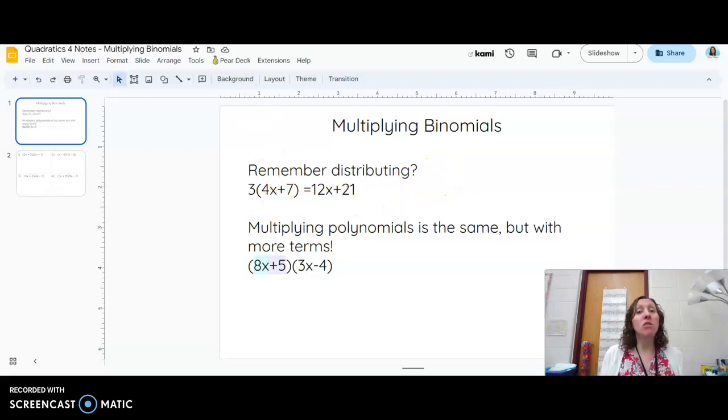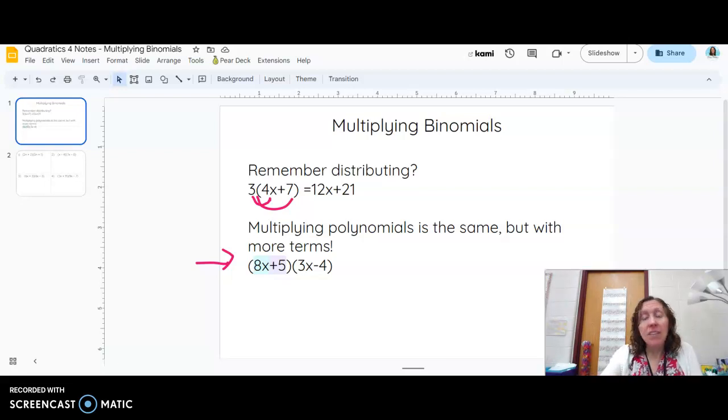So, do you remember distributing, where you take the number outside the parentheses and you multiply it by both numbers on the inside? It's basically that, except we have two numbers at the beginning. All right, so down here we have two binomials. There's two terms in the first parentheses and two terms in the second parentheses.